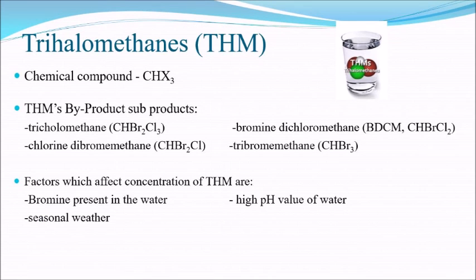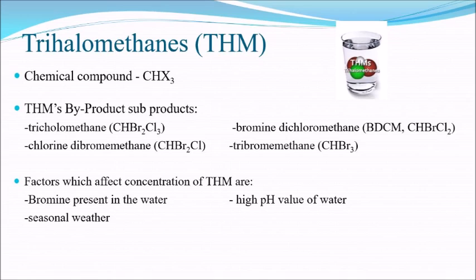The first byproduct to be looked at, found in chlorinated water, is trihalomethanes, or THM. Having the chemical formula CHX3, this byproduct can be divided up into trichloromethane, bromodichloromethane, chlorodibromomethane, and tribromomethane.